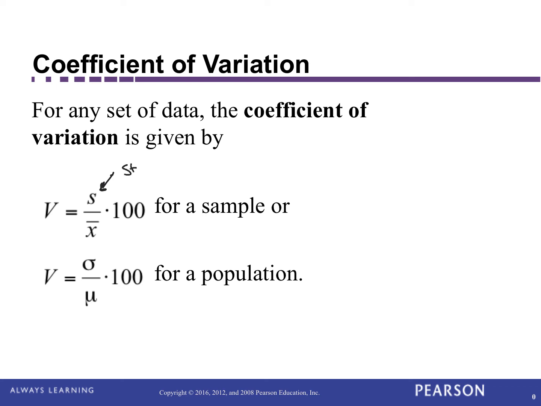So this is the standard deviation, and this is the mean of the sample. Or for a population, we use sigma for standard deviation and mu for mean. And it's times 100, so as a percent.